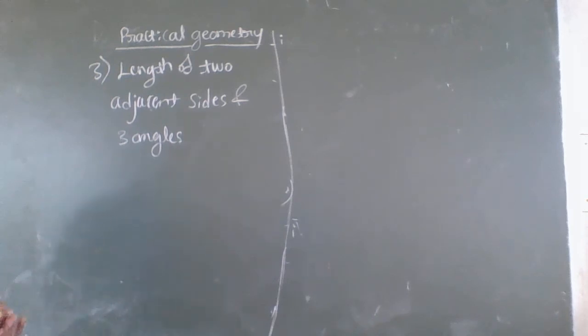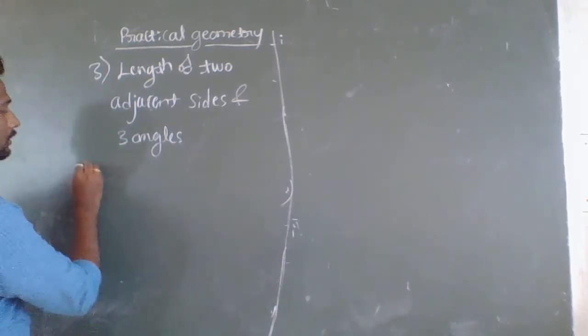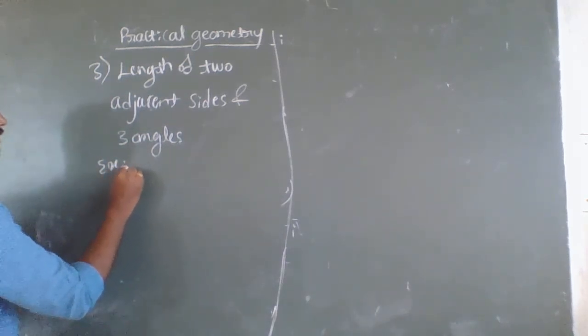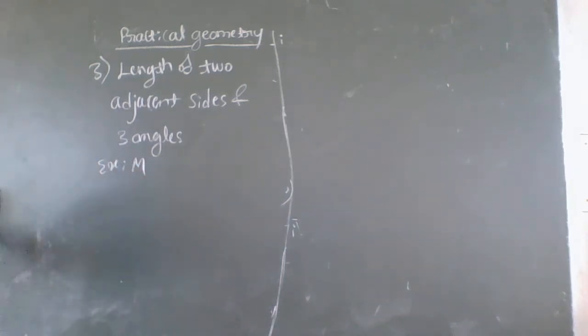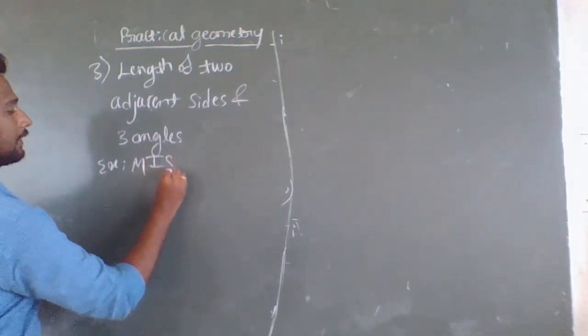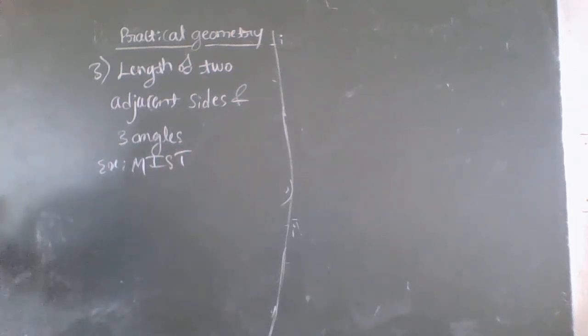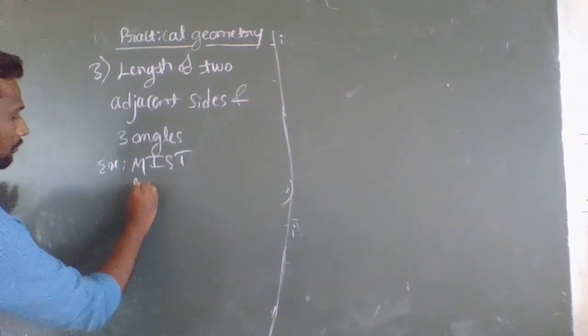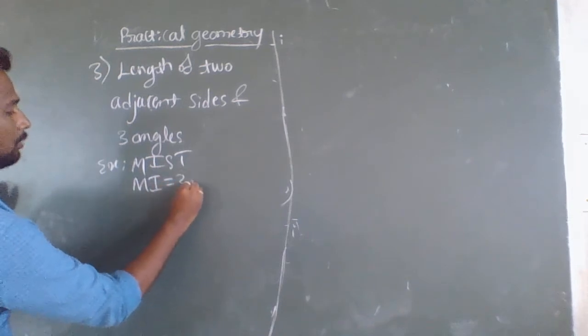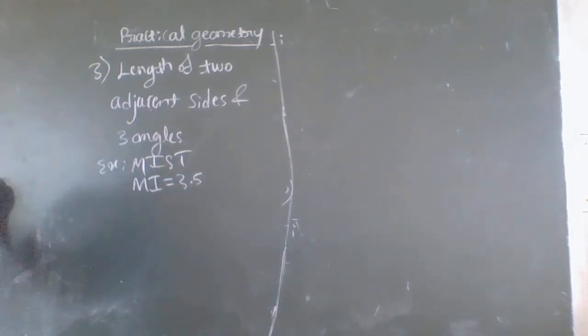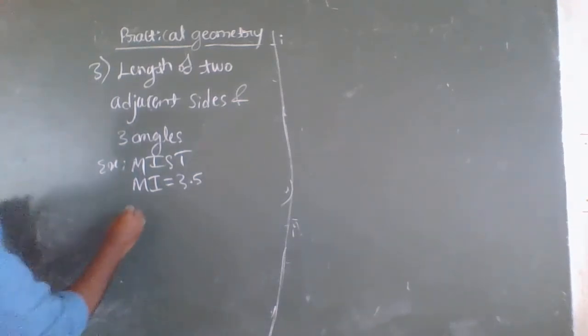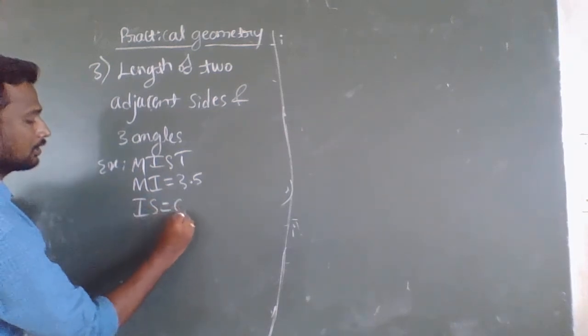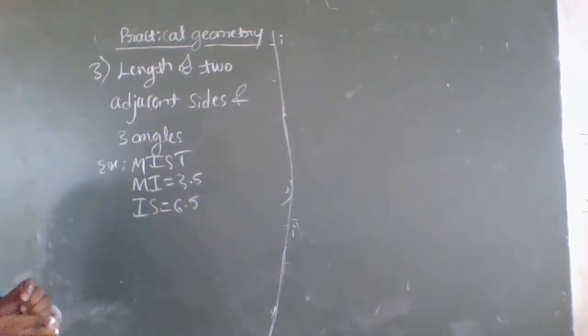So here, for example, consider quadrilateral MIST. In this quadrilateral, they have given MI, which is 3.5 centimeters, and IS, which is 6.5 centimeters. So these are the two adjacent sides.